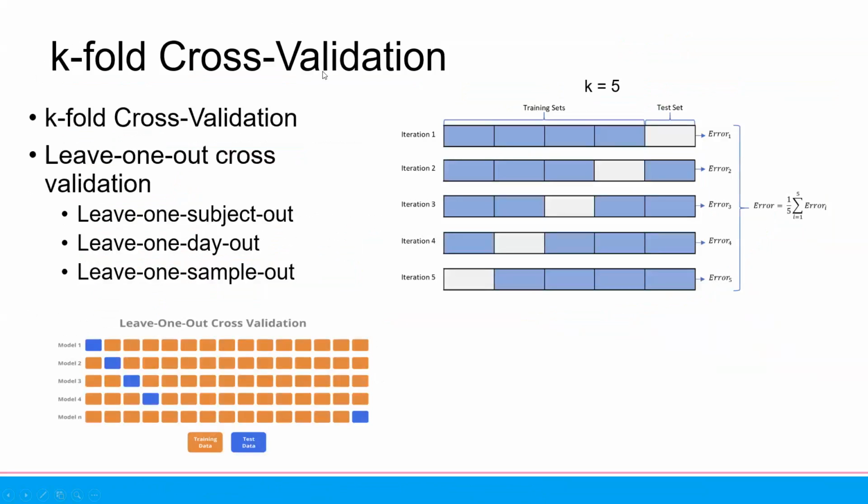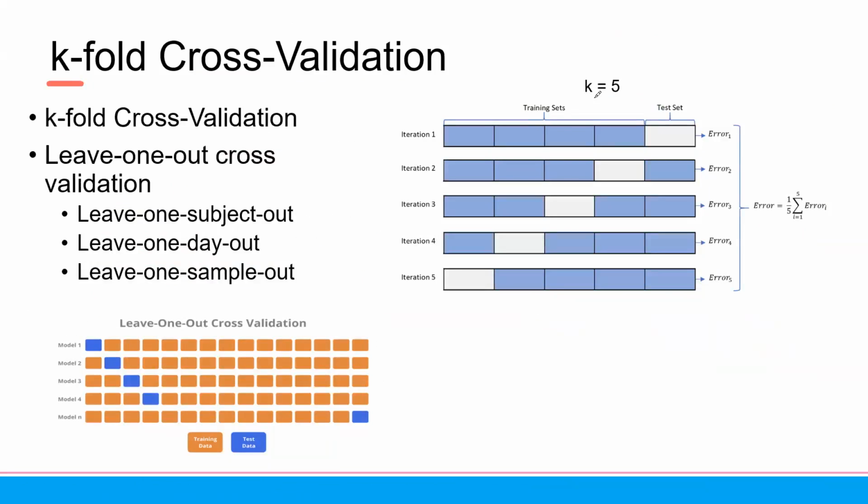There is another approach, we call it k-fold cross-validation. In k-fold cross-validation, K means any integer number. So K can be 2, 3, 4, 5, any number.